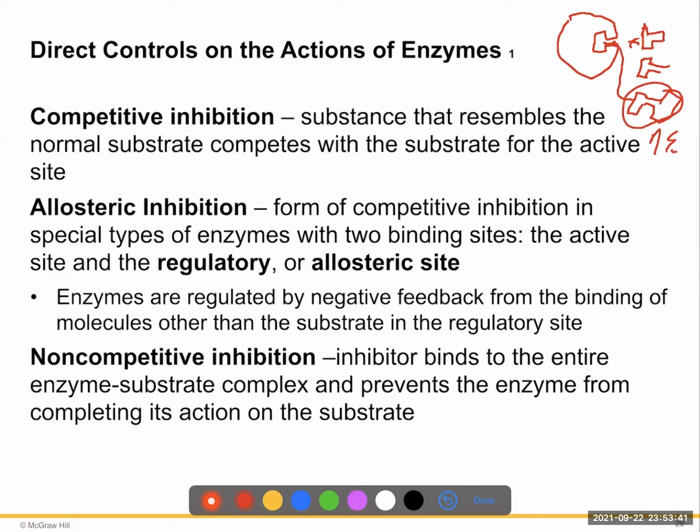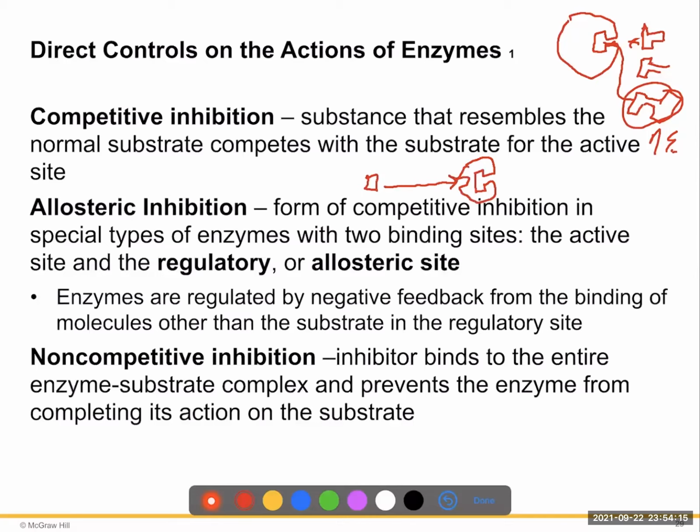Allosteric inhibition. This is a form of inhibition in special types of enzymes where there are two binding sites, the active site and the regulatory site or allosteric site. So in other words, I'm running out of room here. If we have our substrate, now, in allosteric inhibition, there's a second binding site. So if something binds in here, it changes the shape.